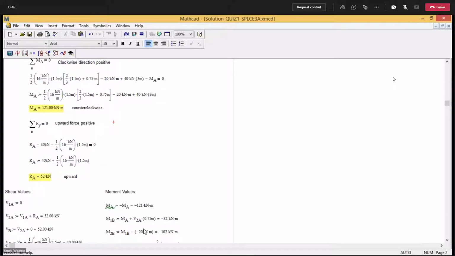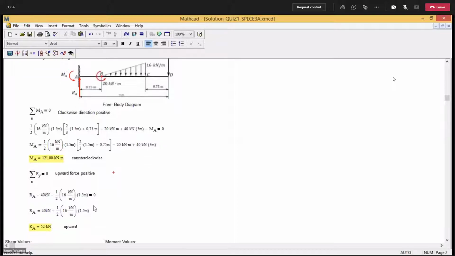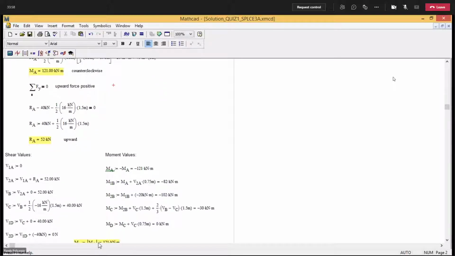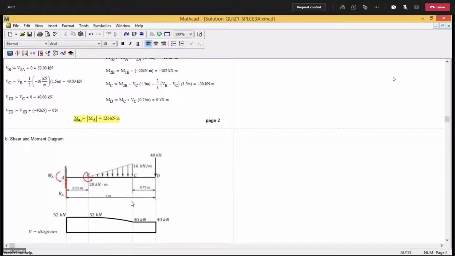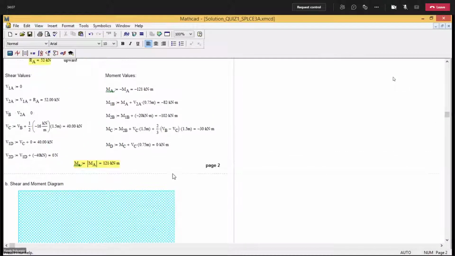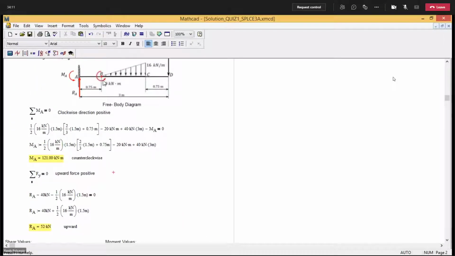And then at B, you have a couple. Here you will have two moments. First, you're going to consider the area of your shear diagram. Then for the second moment, you consider the couple.